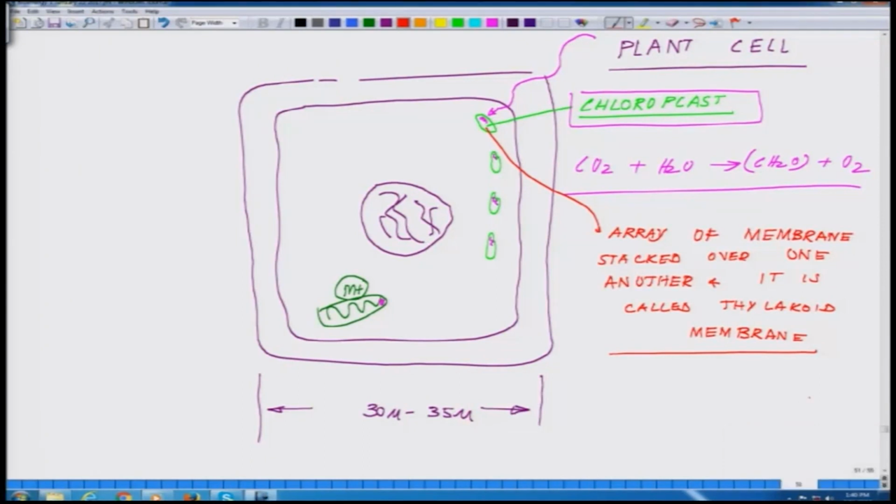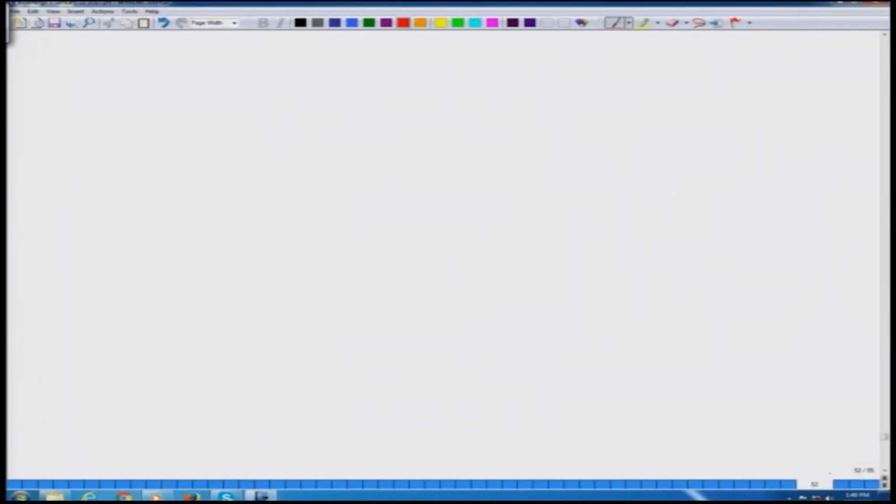Okay. Now, what I just told you is something like this. The first step in photosynthesis is the absorption of light by chlorophyll.